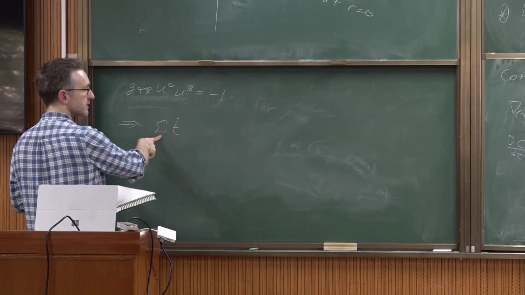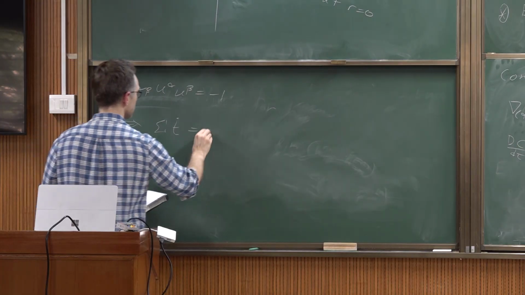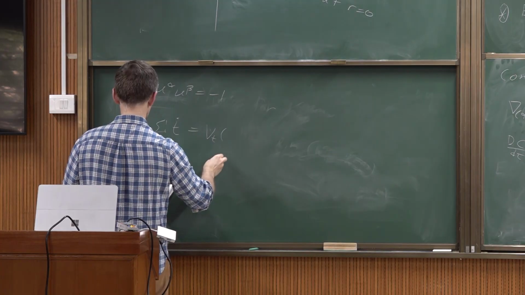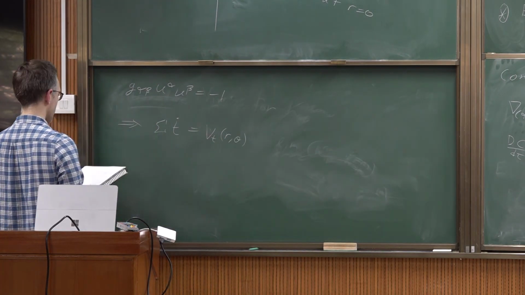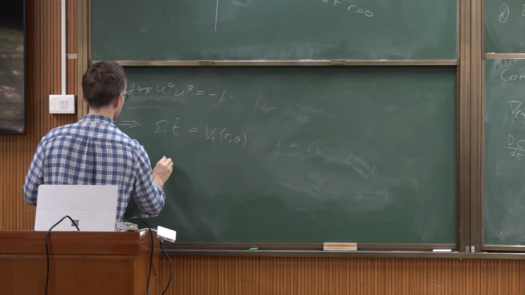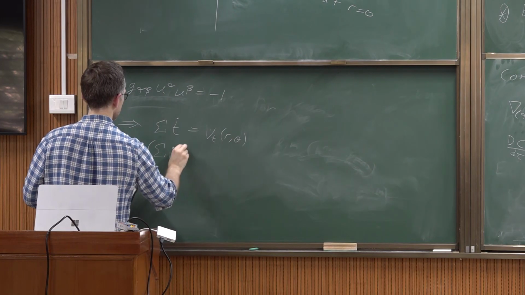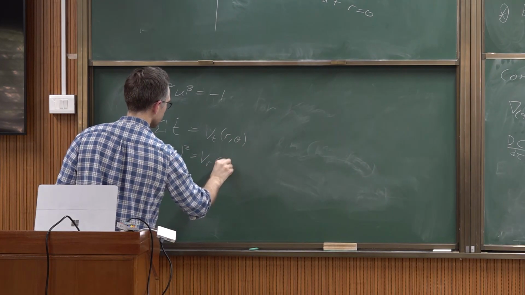So we get that quantity sigma times t dot, I'm not going to write these down because they're pretty long. Well, they're simple in Schwarzschild, but pretty long in Kerr. We have some function of r and theta on the right-hand side. Sigma r dot squared is a function just of r.